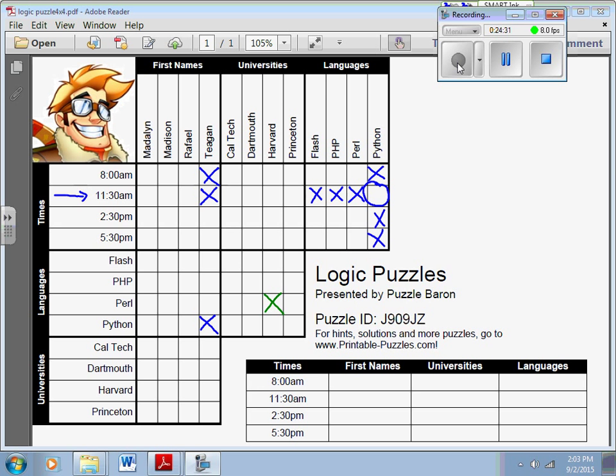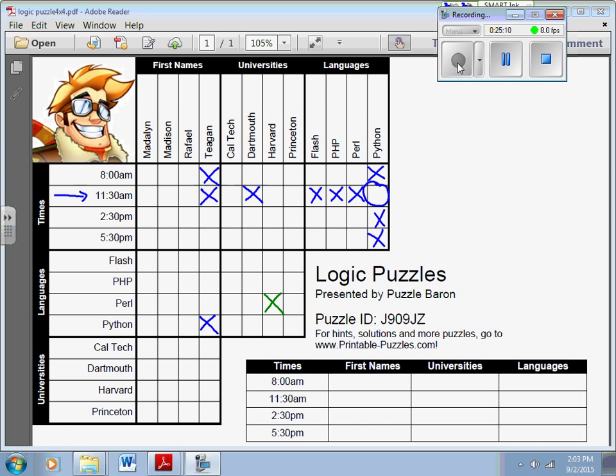Yeah? Okay. So now, clue 4, it says, the Dartmouth graduate arrived earlier than the Python programmer. That should tell you that whoever the Python programmer is arrived at 11:30, and is not from Dartmouth.